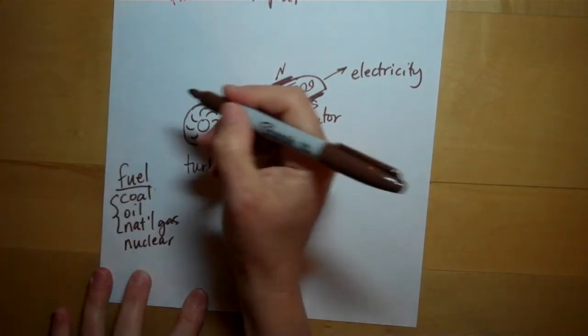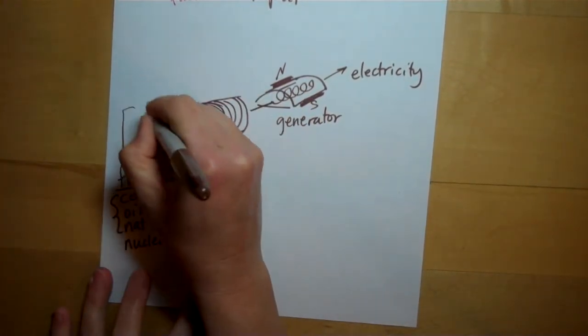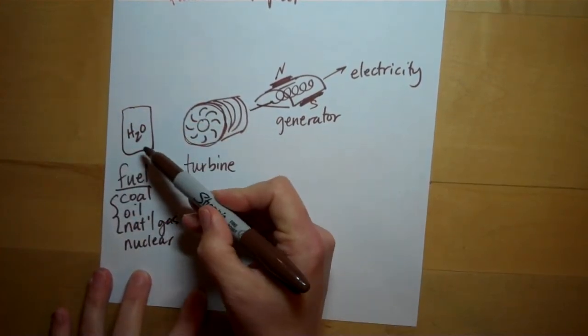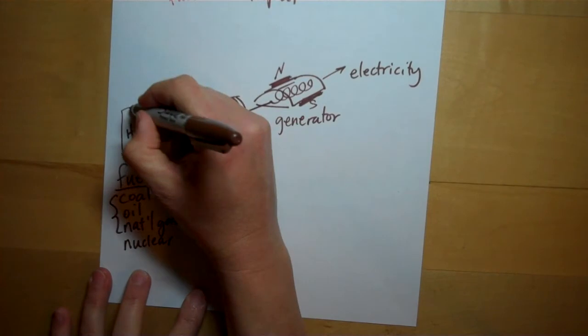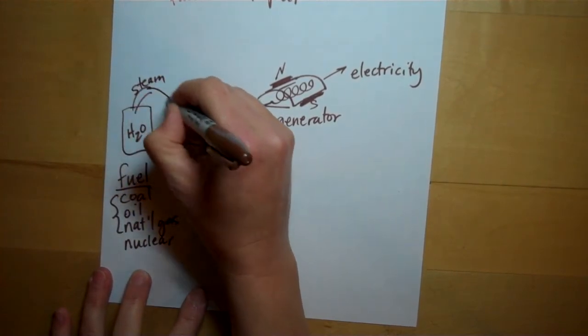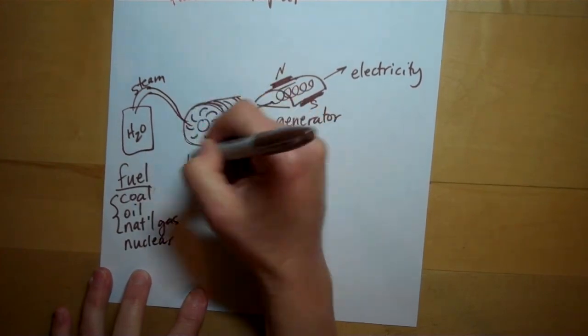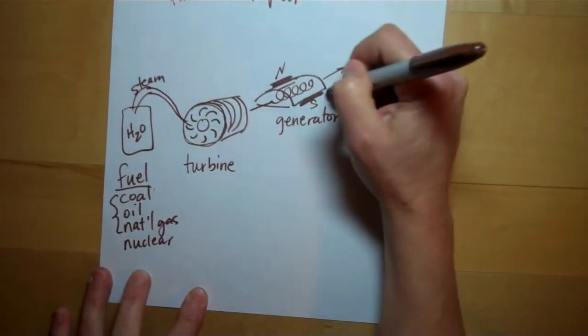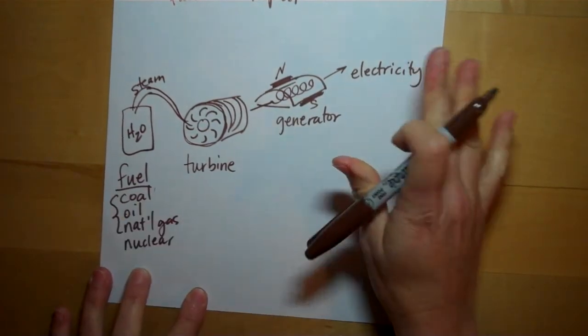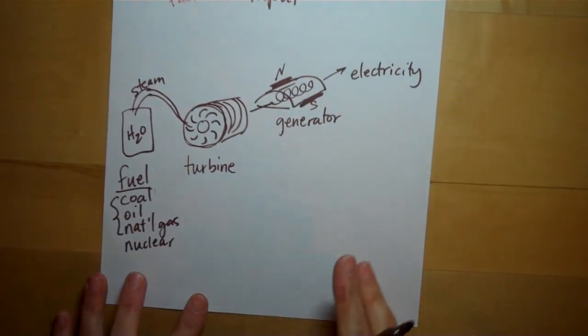And the basic premise is you have some giant vat of water and you heat it up. You boil the water by burning your fuel, and you produce steam. And this is the steam. You use the steam to run over the turbine and turn it and go through the electromagnet and produce electricity. And that's basically how a power plant works.